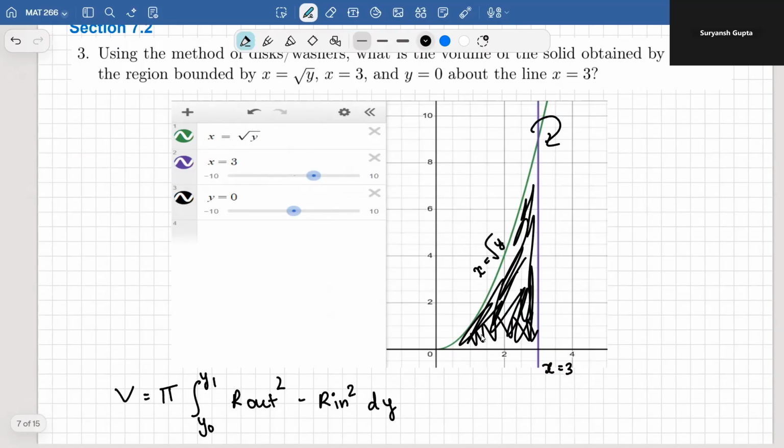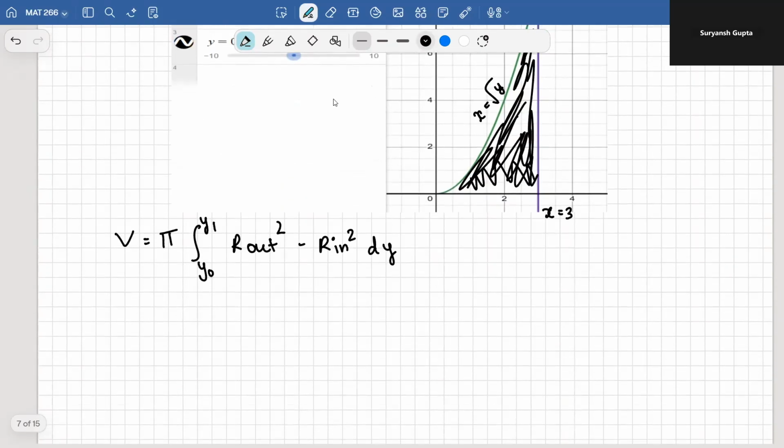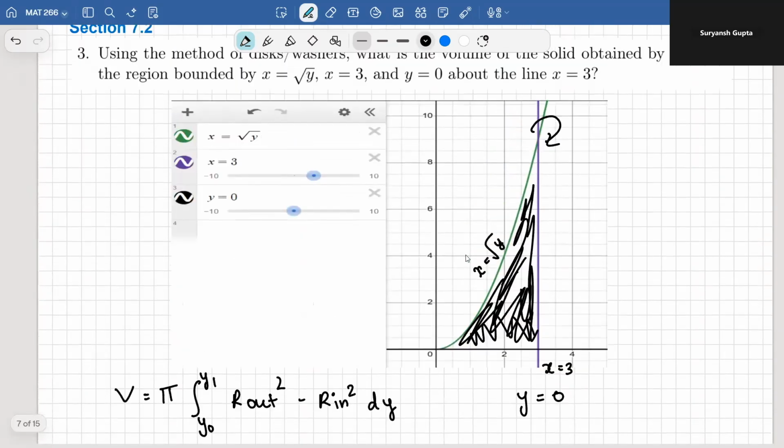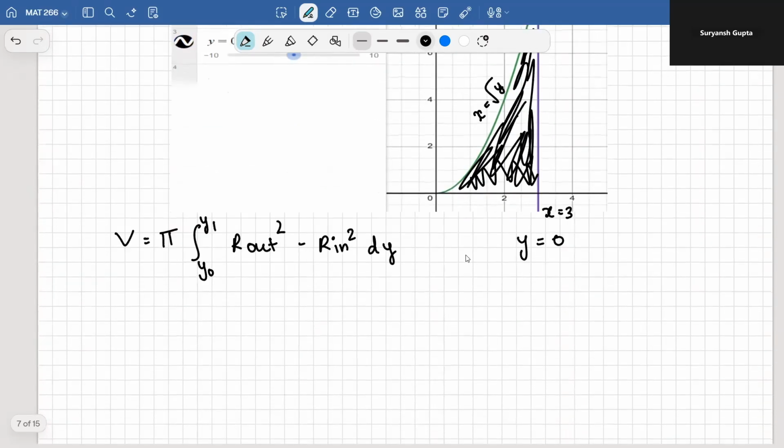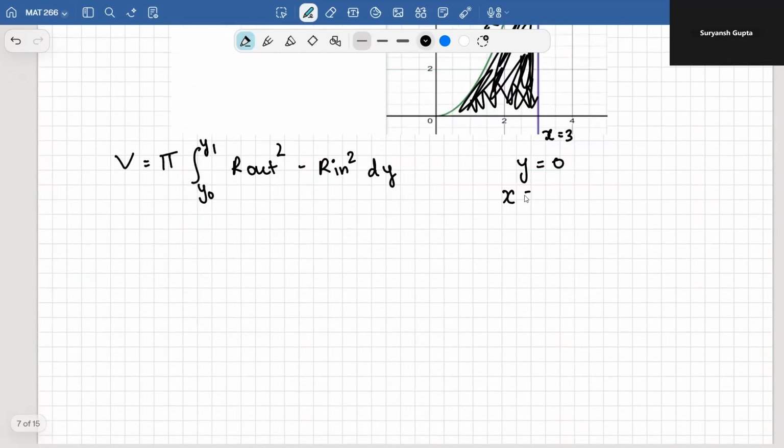So we need our y coordinates to begin with. Let's go down and start finding our y0 and y1 first. The question has already given me that y is equal to 0, so we need to find the other y. The way we do it is, in the question it's given that x is equal to root y, and they have also given that x is equal to 3.